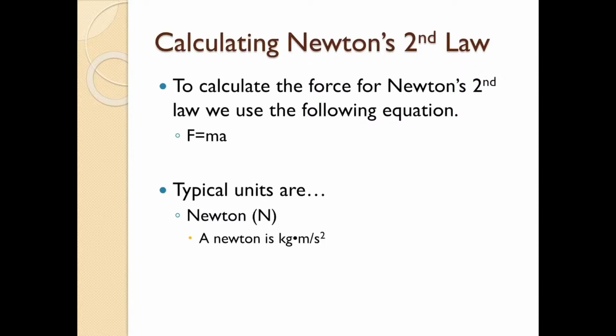And so the typical unit for force is newtons, and breaking down newtons to what it actually is, it's kilograms times meters per second squared, which makes sense because we know that mass is generally in kilograms, and we know that acceleration is meters per second squared. So when you multiply those together, you get newtons.